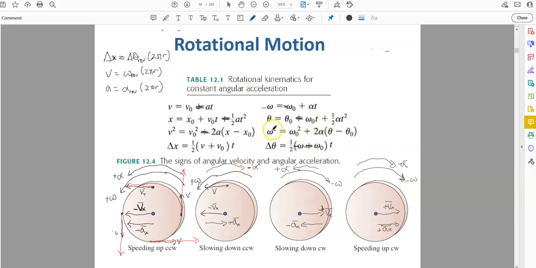So this is how you change angular velocity and angular acceleration to linear velocity and linear acceleration, and how you interpret the differences between those two things.